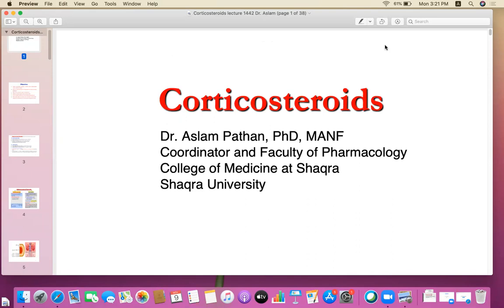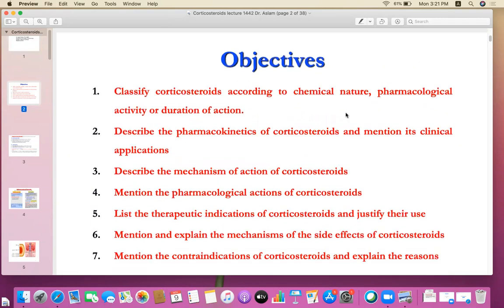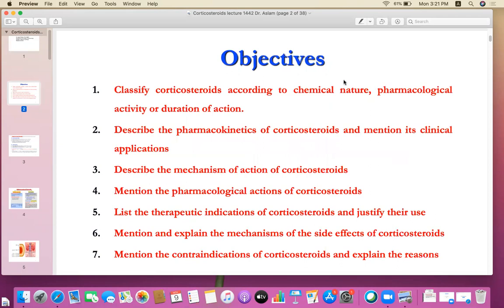Let us see the objectives available in our topic: classification of corticosteroids. We will see the classification according to chemical nature, pharmacological activity, and the duration of action.